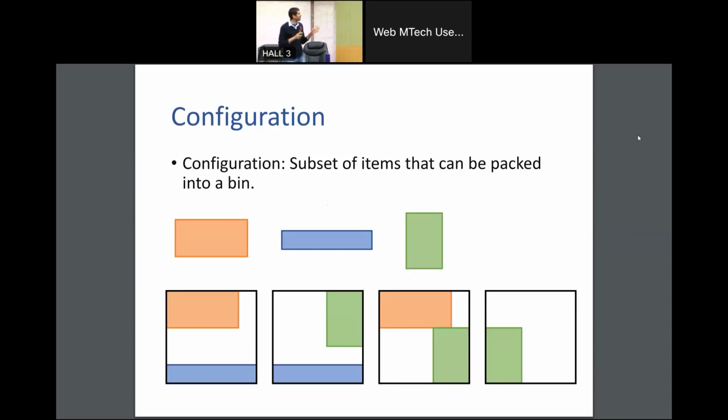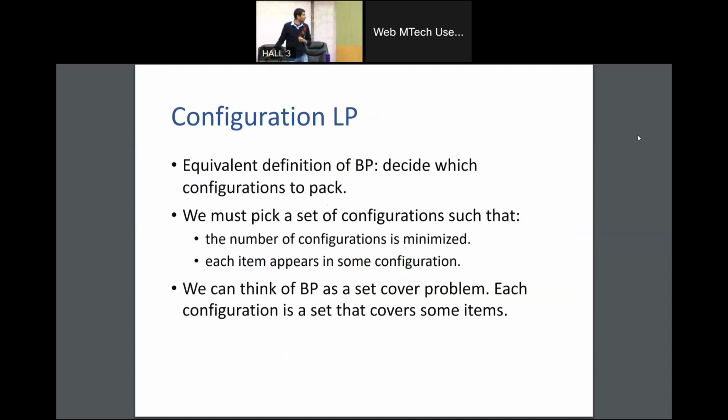So I'll first define what a configuration means. Let's say we're given these 3 items, then a configuration means a subset of items that can be packed into a bin. So here are 4 different configurations that I've shown. We can think of bin packing as the problem of deciding what configuration to use for each bin.